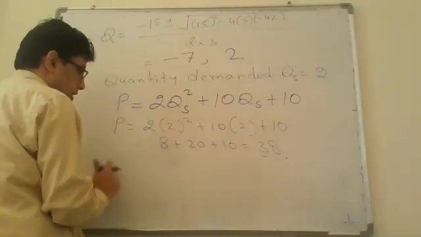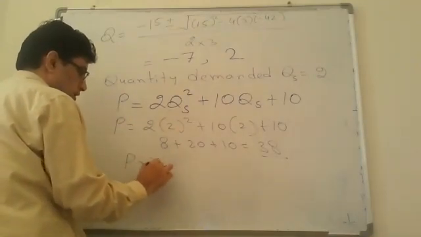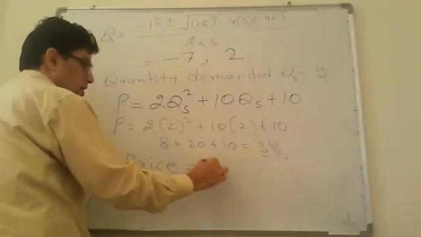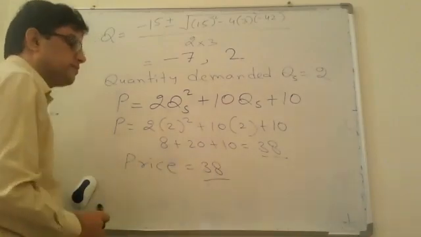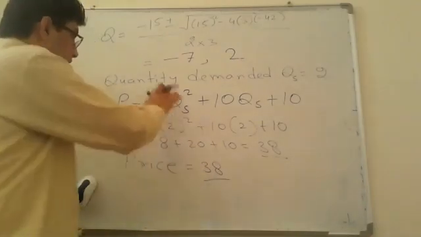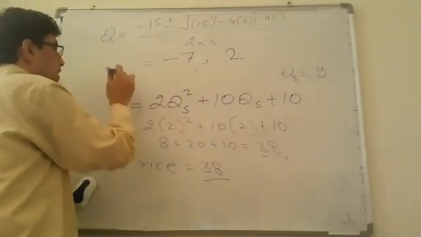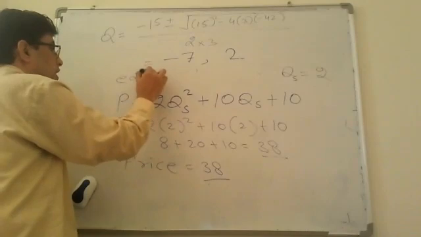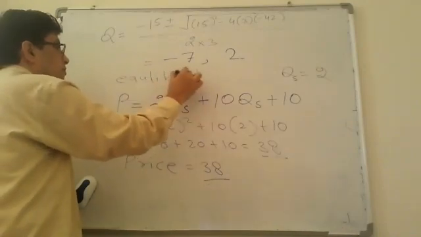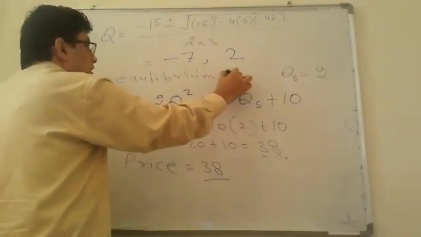You can write here quantity demanded and quantity supplied, so you can say equilibrium quantity is 2.